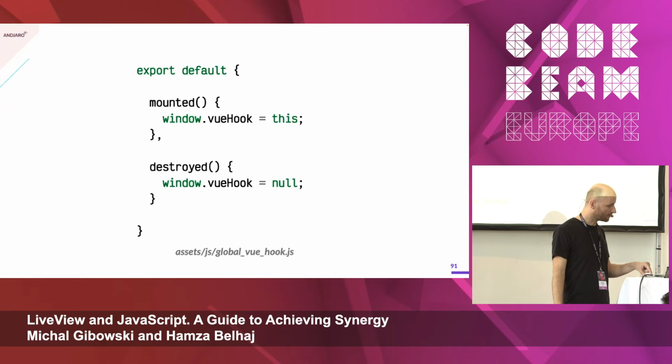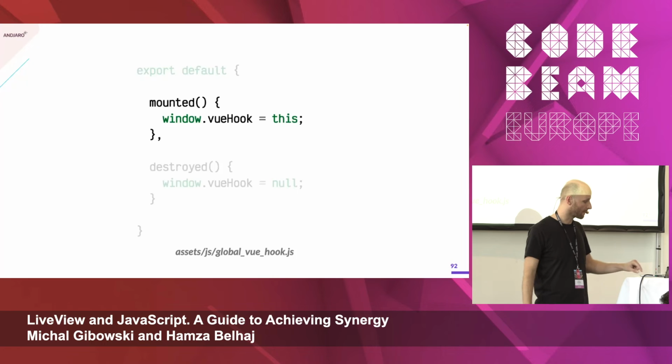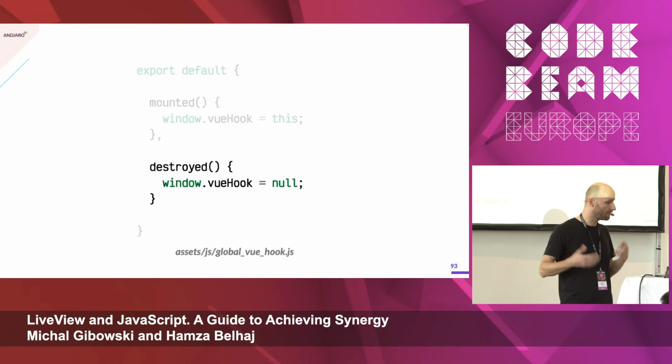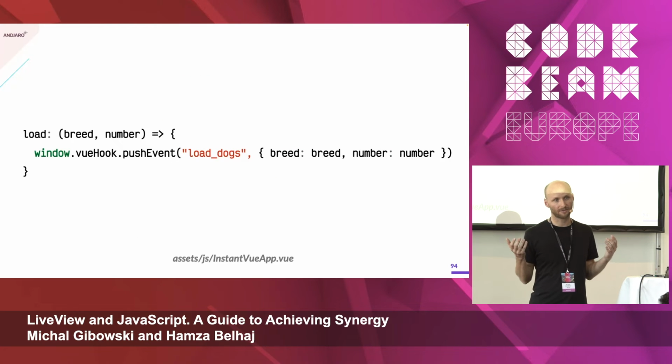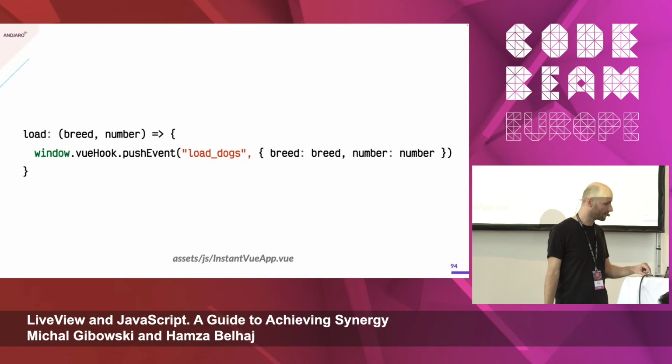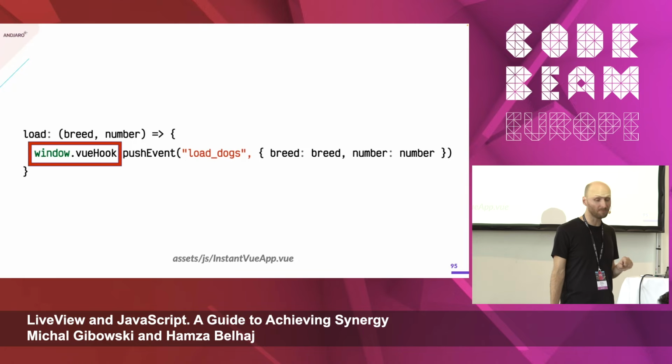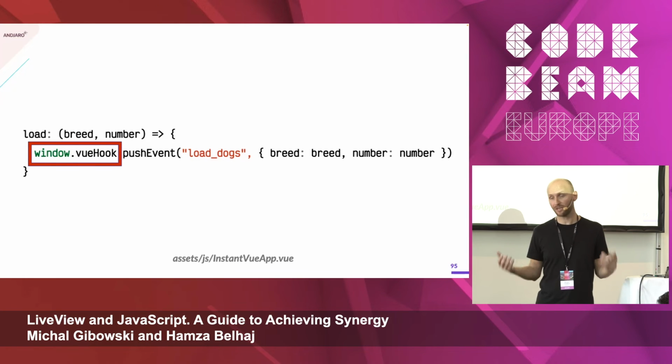Our new hook is simpler now. Basically, it exposes itself when it's mounted, and it nullifies itself when it's destroyed, so it's not leaking in the browser. And the only change in our load function inside of the VueJS app is this: instead of accessing the hook via props, now we access it via the window global object.